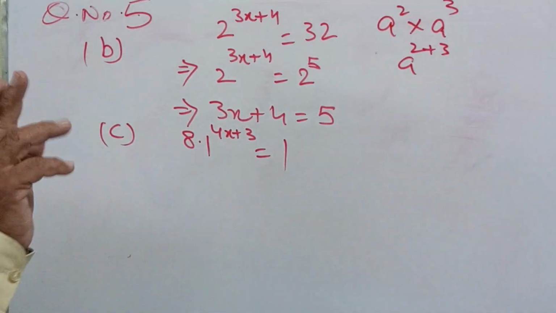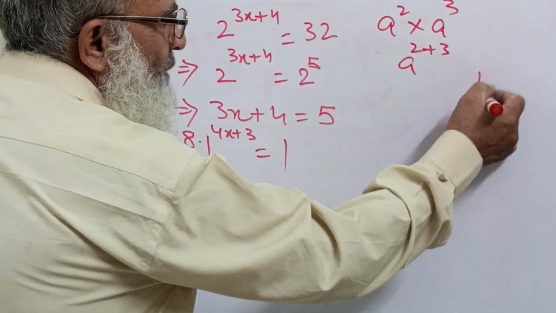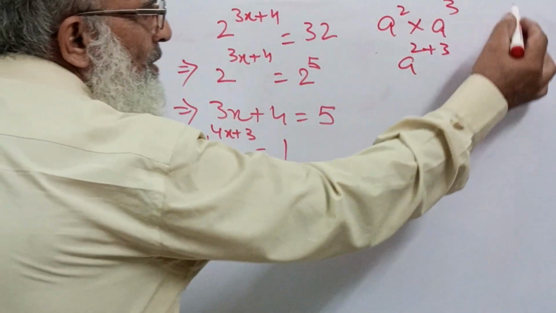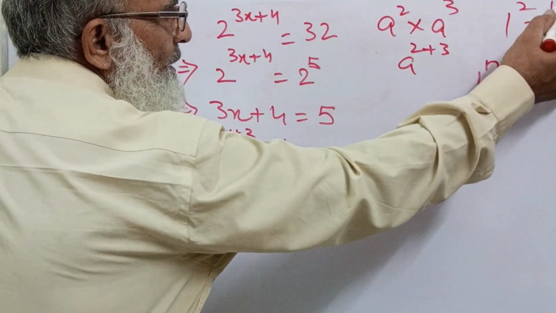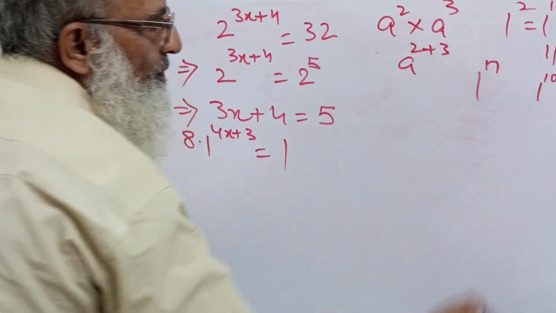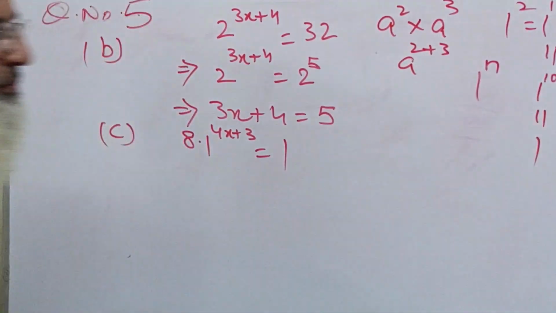And also remember one thing more, that 1 raised to power n, 1 raised to power 2, 1 raised to power 100, 1 raised to power 1000 will remain as 1.